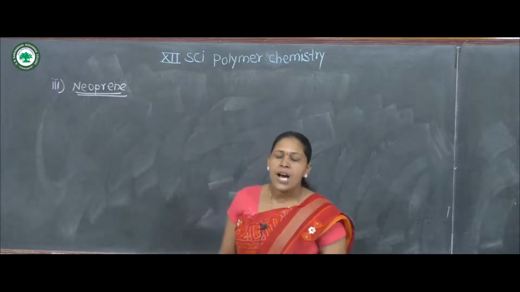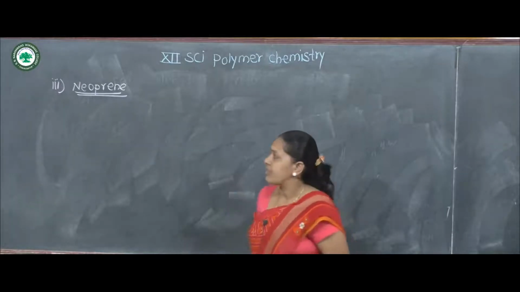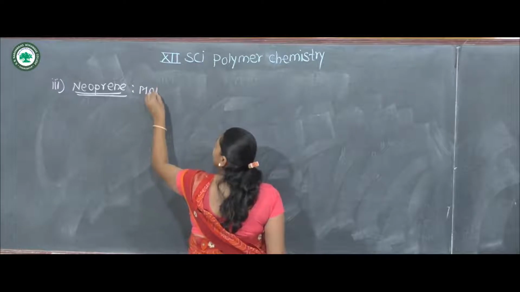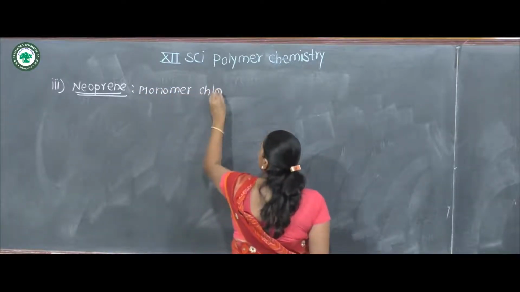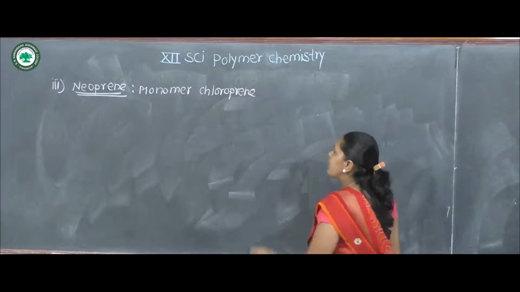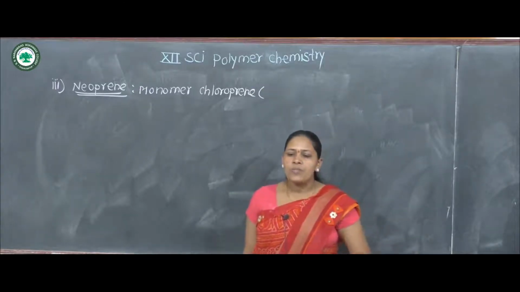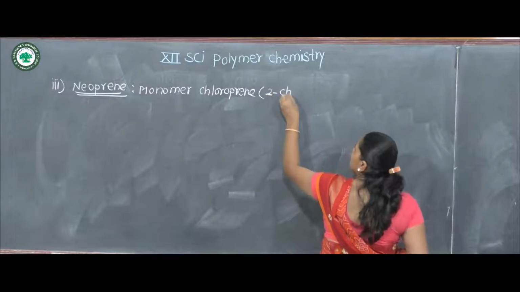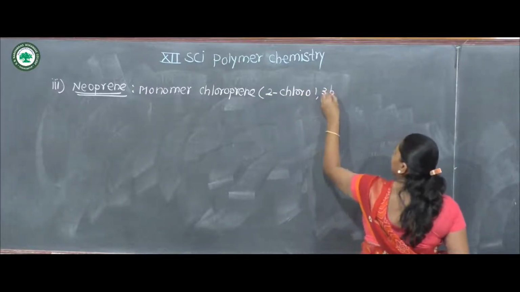It is formed by polymerization of chloroprene. Monomer is chloroprene. Its IUPAC name is 2-chloro-1,3-butadiene.